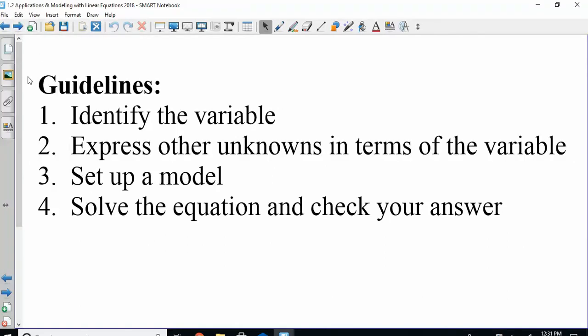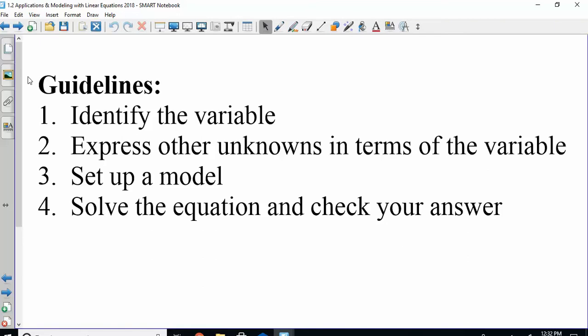Okay, there are certain steps, and this is on that handout I posted in Classroom, so whether or not you write that down is up to you. Certain steps that we have to go through when we are solving any of these equations. The first thing I'm going to ask you to do is identify the variable. I don't want to see an equation and not know what x stands for, because a lot of times there might be different ways you could solve the problem.